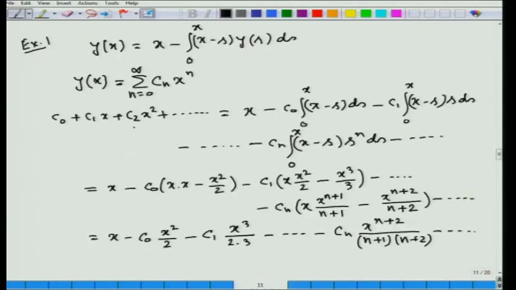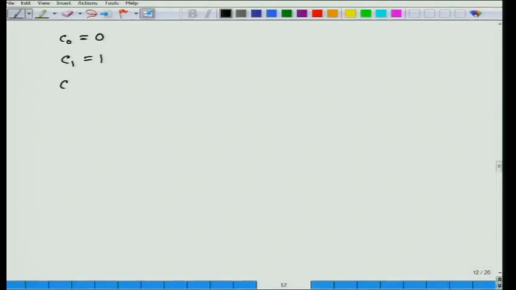Next, the square term: C 2 x square is equal to minus C 0 x square by 2. So, that means C 2 is equal to minus C 0 by 2, this implies C 2 equal to 0 because C 0 equal to 0.